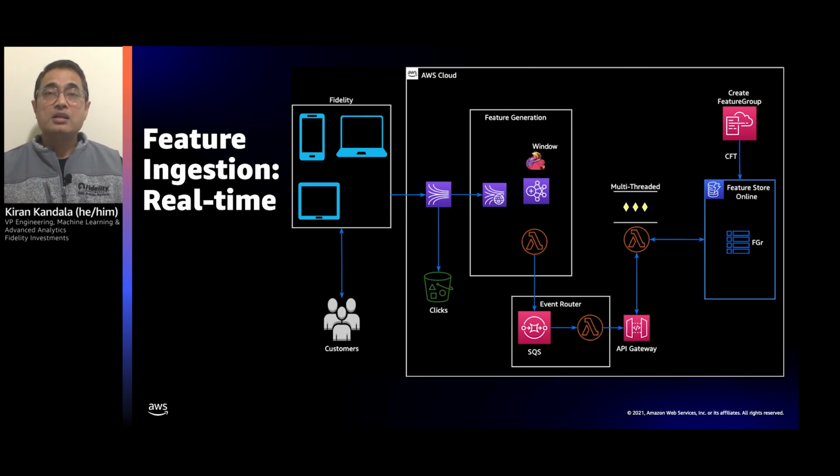And we do that to be able to maintain the low end-to-end latency SLA requirements. So even in this design, we're using the fan-out pattern, and also we are using multi-threading within Lambda to be able to produce high throughput and high performance.